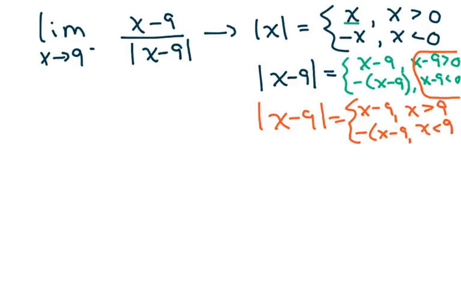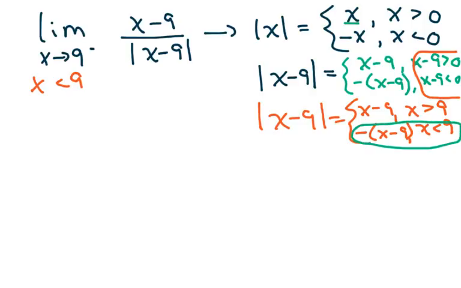Okay, and now let's try to take our limits. So we want to take it from the left side first. What that means is that x is less than 9, so all numbers smaller than 9, and we're going to use this right here.